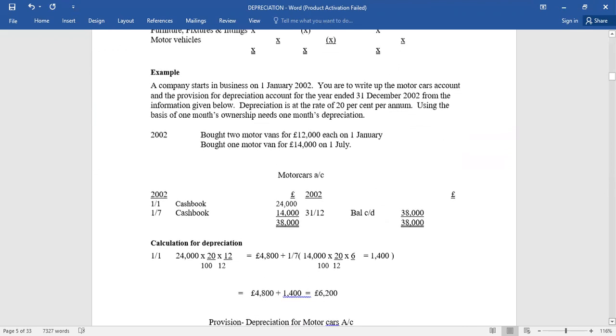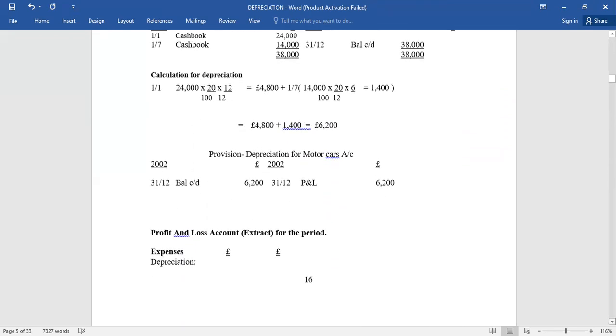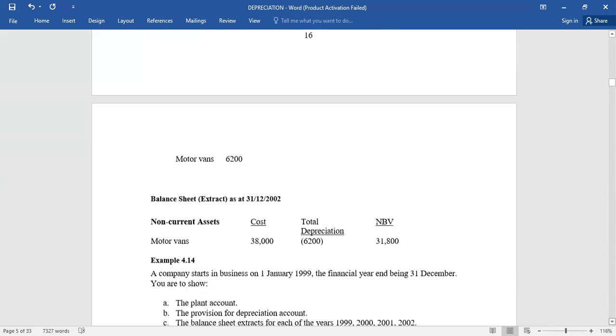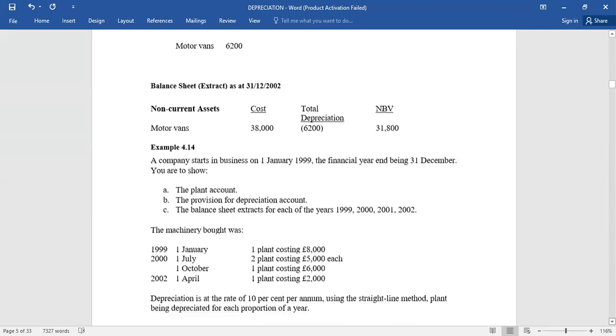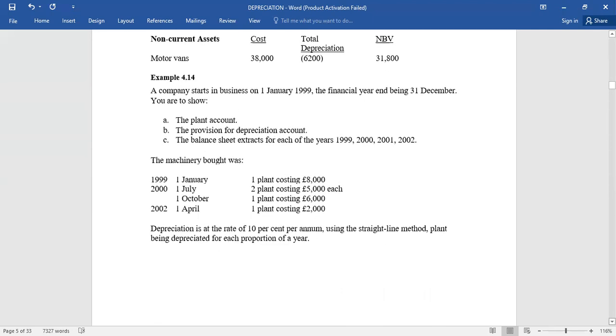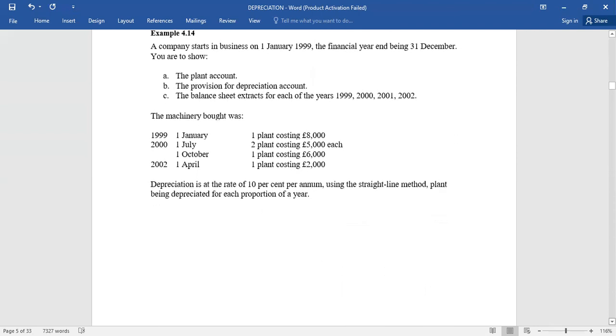I have an example there. It's a worked example. I think we can work with this. This will be presenting our scenario better. So you have a company that starts business on 1st January 1999.